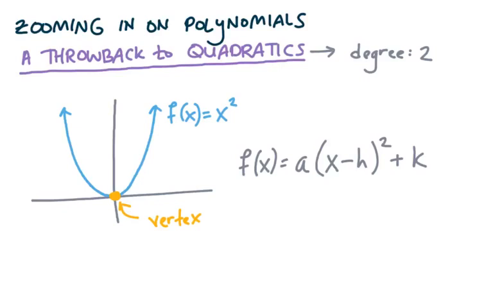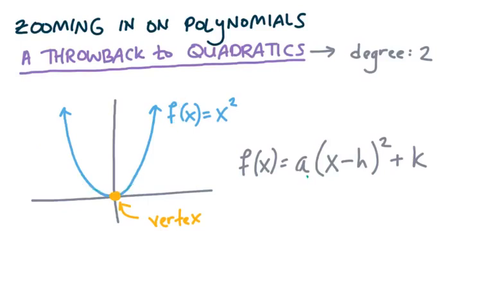So just to validate what I know you're all thinking, what does a do again? A actually is pretty powerful. A can be related to, does the graph reflect? Does it go beneath the x-axis? That's one possibility. The other thing a could do would be that a could make the graph narrower, or a could make the graph wider, depending upon its value. So you probably remember that.